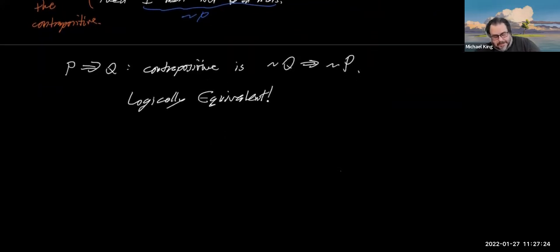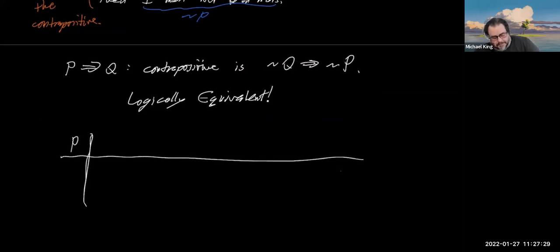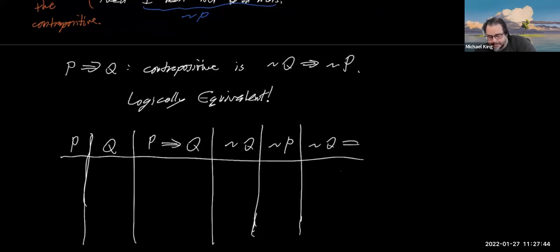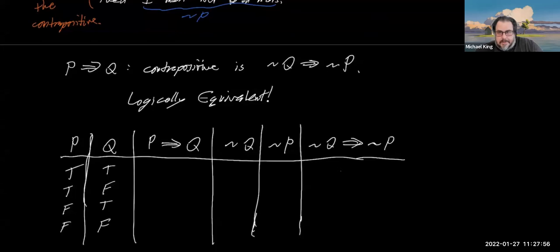As a quick check, let's write these down to remember, and then let's write not Q, not P, and not Q implies not P to see that we get the same thing. Sorry, I let you get ahead of me, but we're going to be out of time in about 3 minutes.